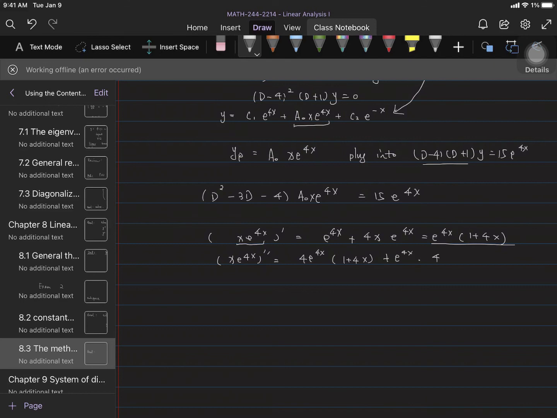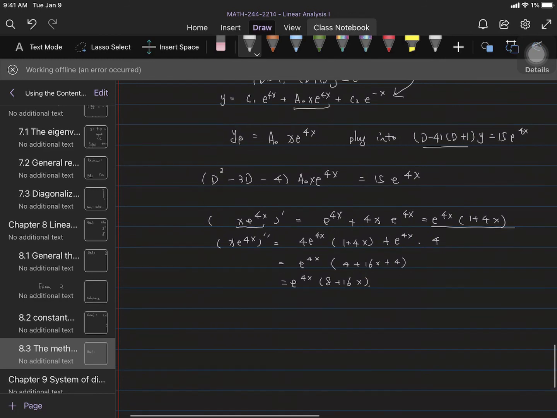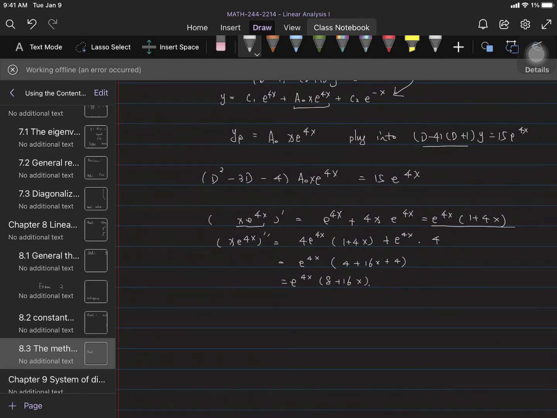Okay, and I'm going to simplify this a little bit. Factor e to the 4x out, and what's left? 4 plus 16x and plus 4. So it's going to be e to the 4x, 8 plus 16x. Okay, so this is the second derivative. Now plug the first derivative and second derivative into our left side.